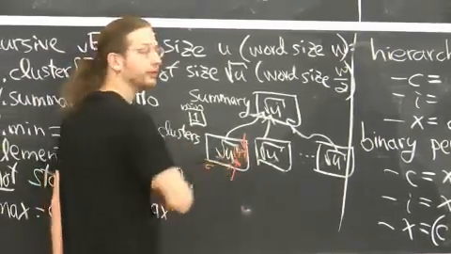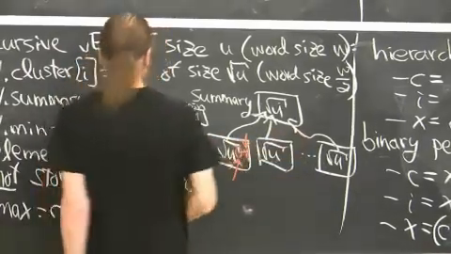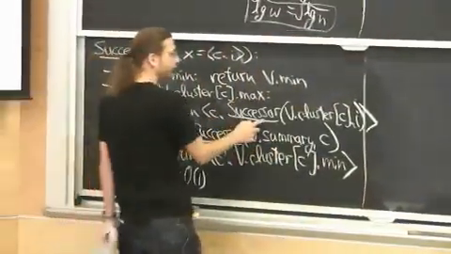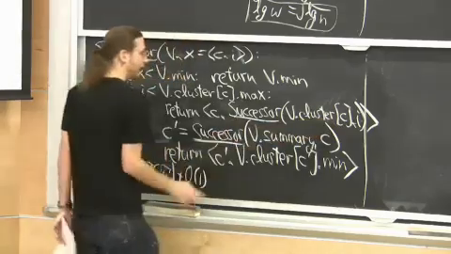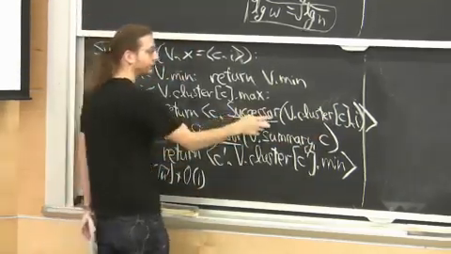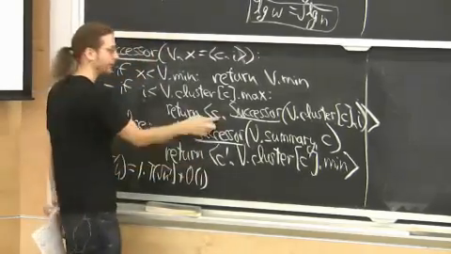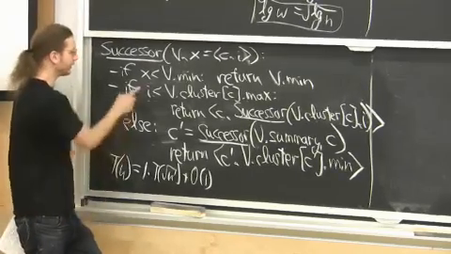If we're bigger than the max, then we won't find an answer down here. We have to recurse somewhere else. So that's what we do. If we're less than the max, then we just recursively find the successor of our index within cluster C. And then for the answer, we have to add on the C in front, because successor within this cluster will only give an index within the cluster. And we have to prepend the C part to give a global name. Okay, so that's case one.